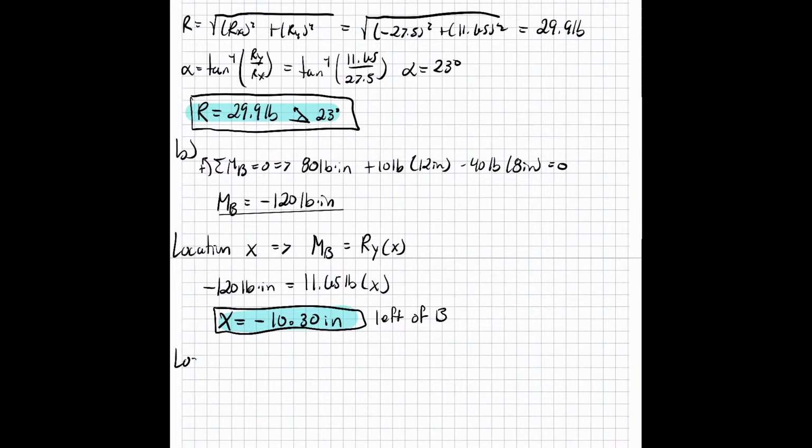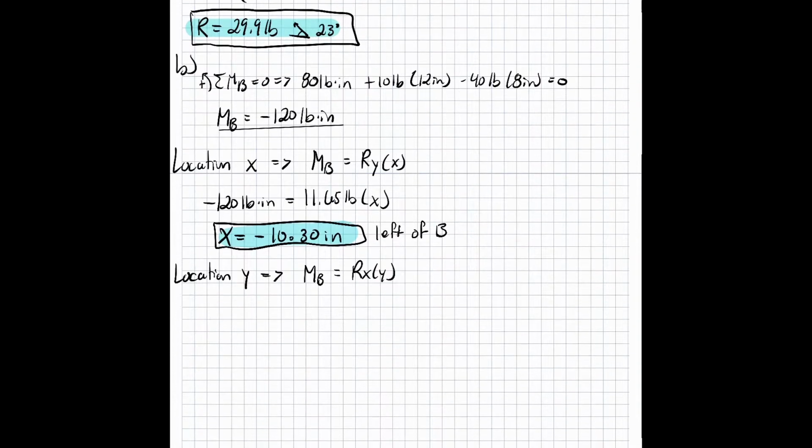Okay. Now location in the y direction, we have our moment about B is equal to our force Rx and the y. The perpendicular distance of Rx would be y. So again, we have negative 120 pound-inches is equal to our negative 27.5 pounds times y.